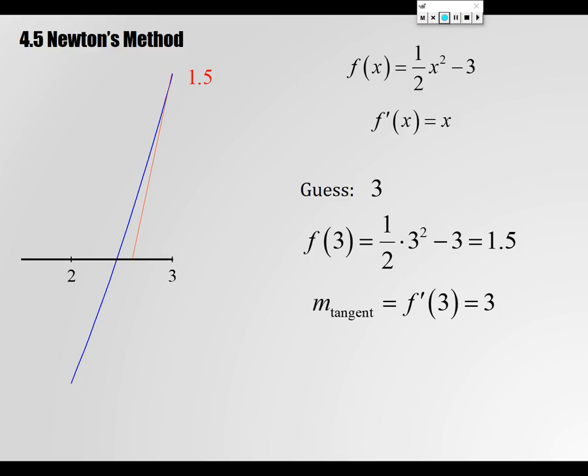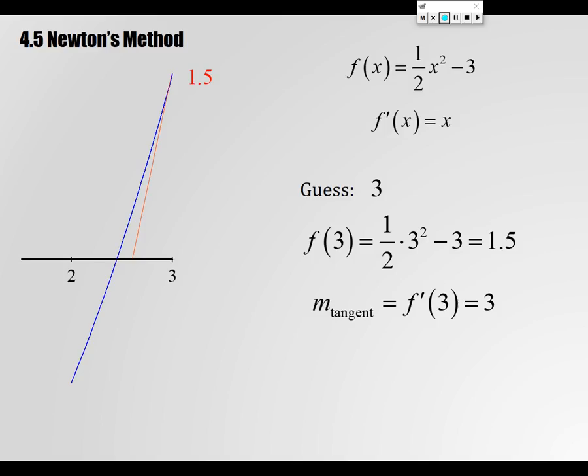But we can build a linearization from that point. The tangent line has a slope of 3 because we're at x equals 3, and the derivative happens to be x. So the slope of that line is 3. So how off are we here? We don't have to build the whole linearization necessarily, but let's think about the amount that we're off by.